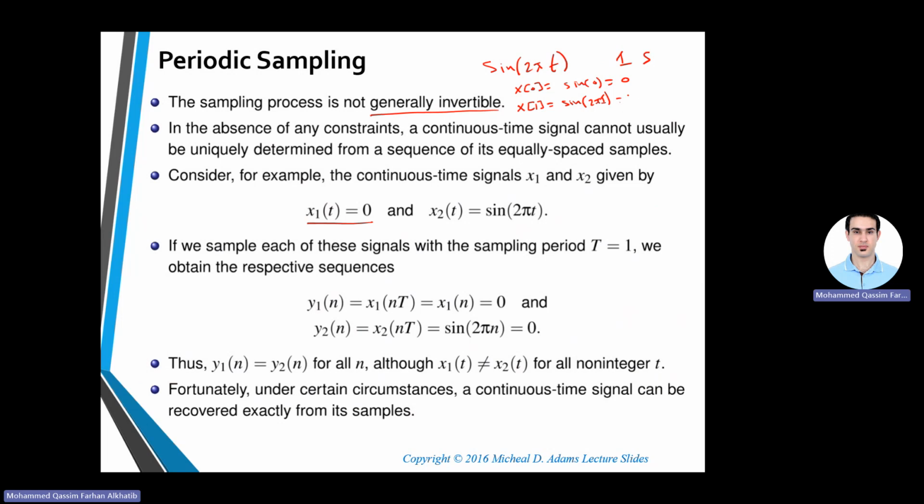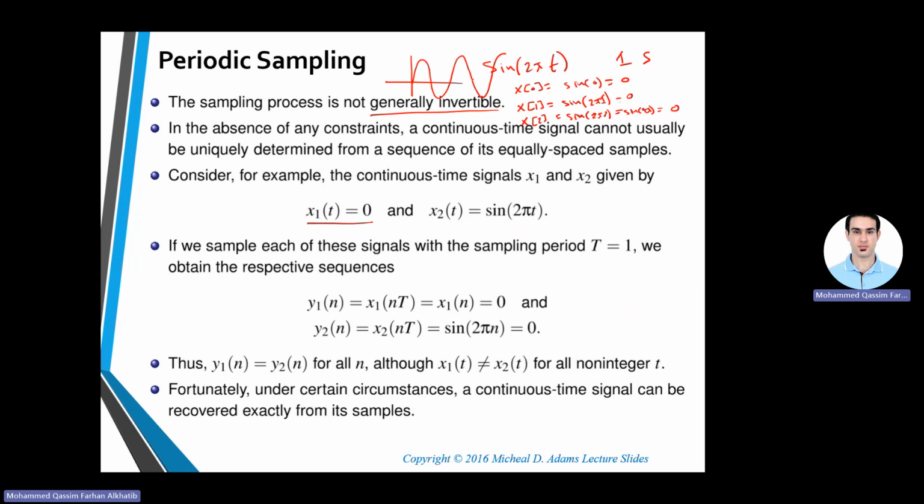So that's a 0. X of 2 is sine 2 pi times 2, which is sine 4 pi. Again, that's another 0. X of 3 is sine 6 pi, that's a 0. So all your samples are 0, even though it's a sinusoidal, and we know sinusoidals have this shape.